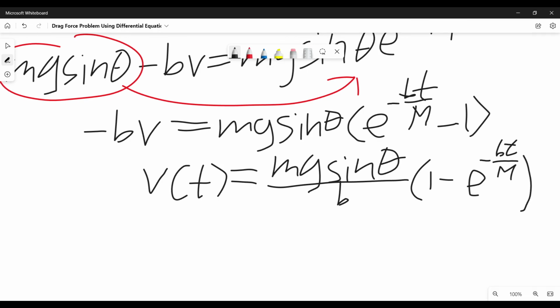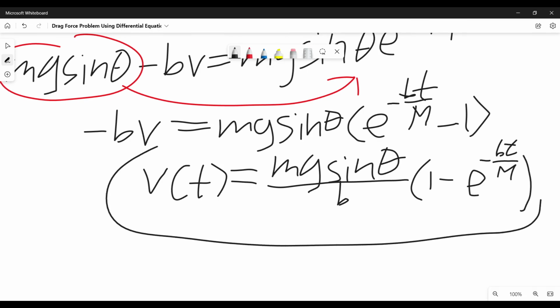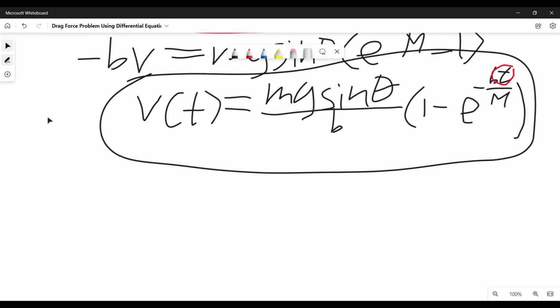So notice in this whole equation right here, there's only one independent variable, t, and that's just in this little e term. m is constant, g is constant, sine theta is constant, b is constant. Everything is constant except for the t.